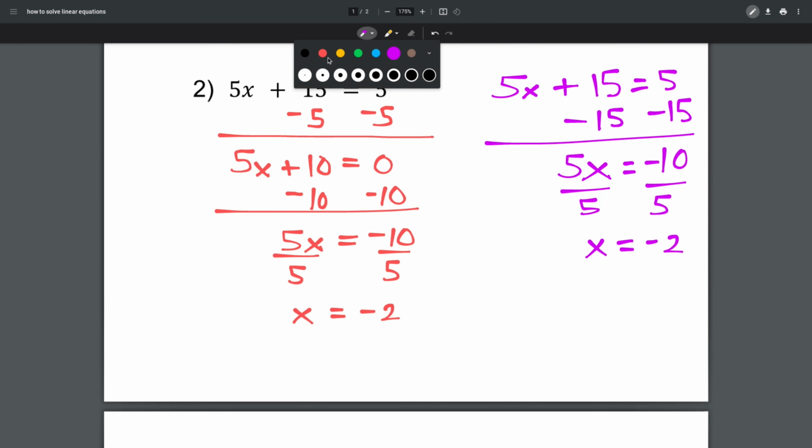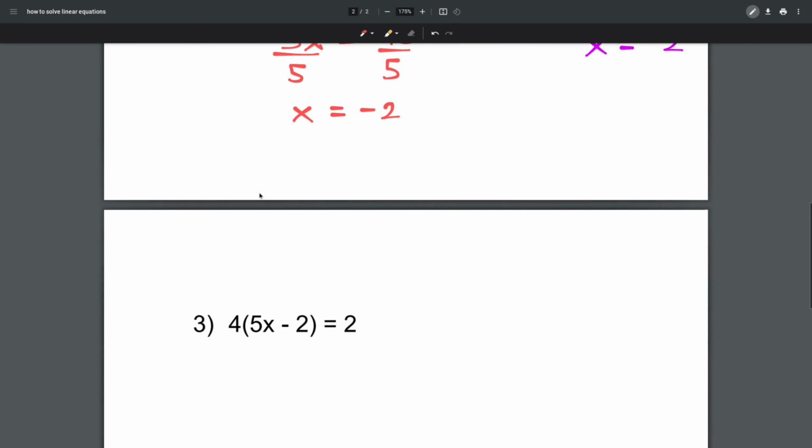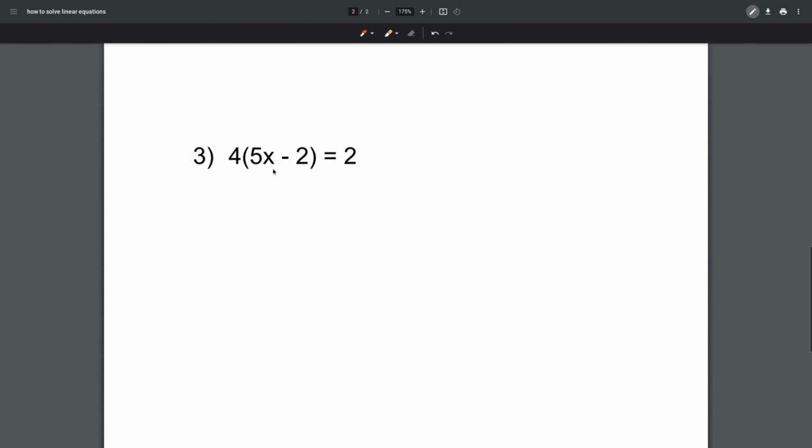Okay, let's look at third problem. So we've got 4 times the quantity 5x minus 2 equals 2. So first thing, I want to distribute the 4 here. So this is a little bit harder. So I'm going to get 20x minus 8 equals 2. Then I want to get rid of this subtraction of 8, so I have to do the inverse of that.